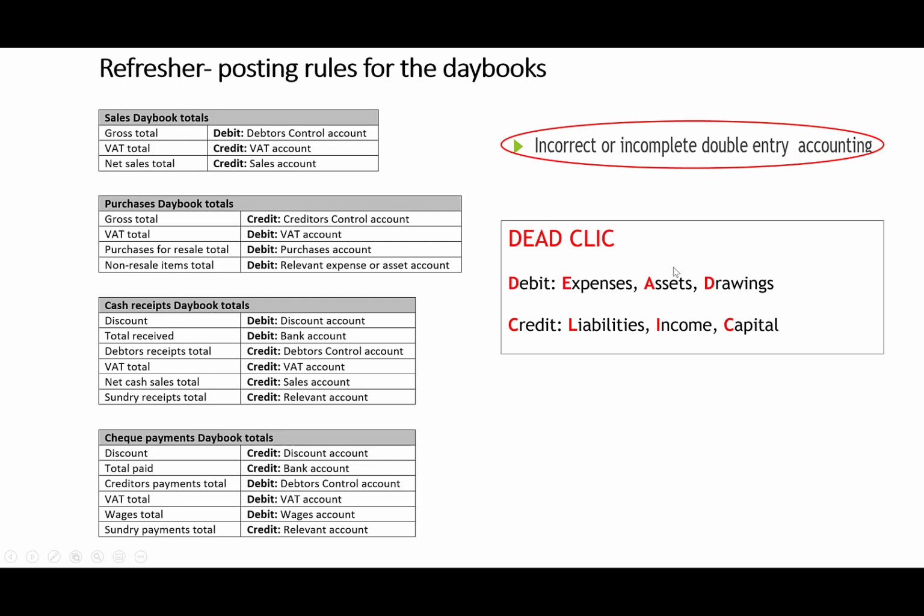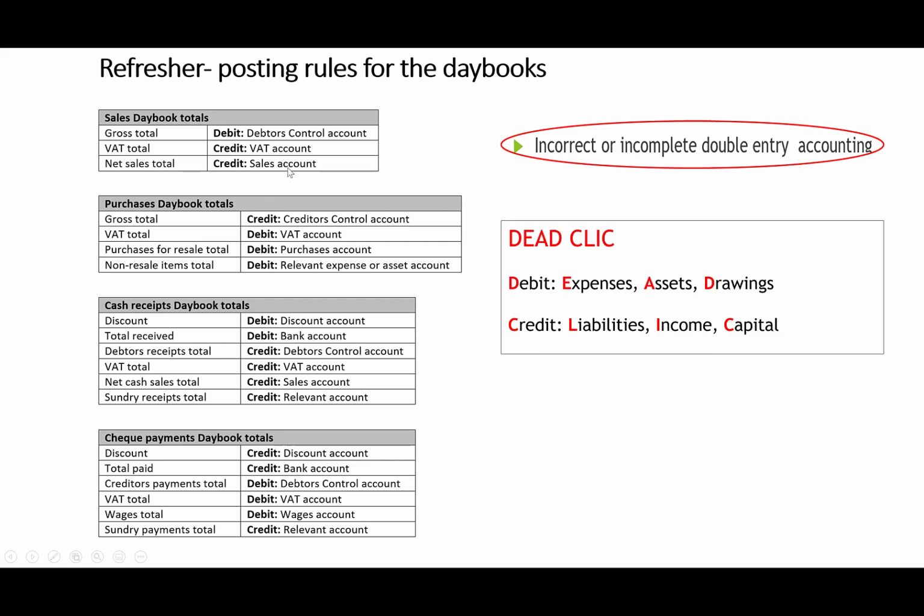Okay, debit assets, debit debtors. The VAT amount on sales, you owe that to the tax office. So it's a liability of your business to the tax office. So to create a liability, credit liabilities. So credit VAT, VAT being the liability. And the sales that you made, that's income of your business. Okay, so we need to credit income. Here we are crediting sales account.